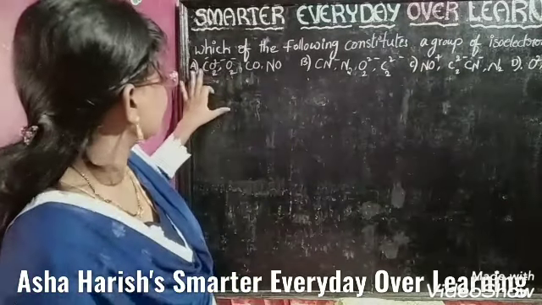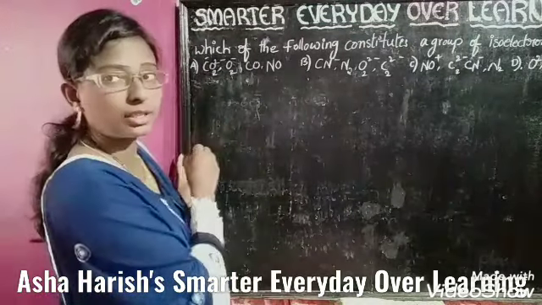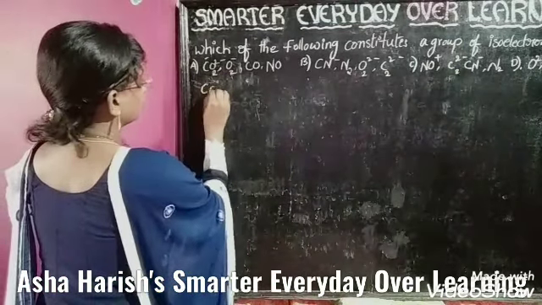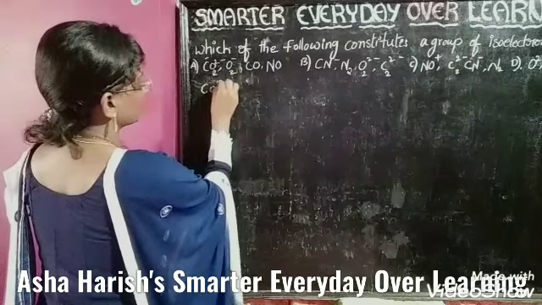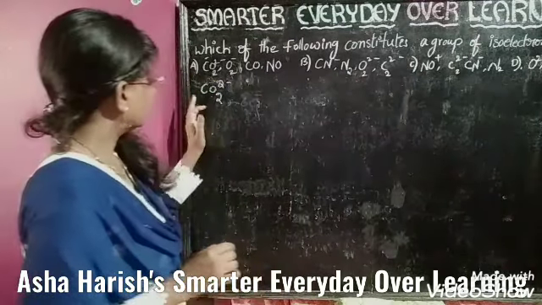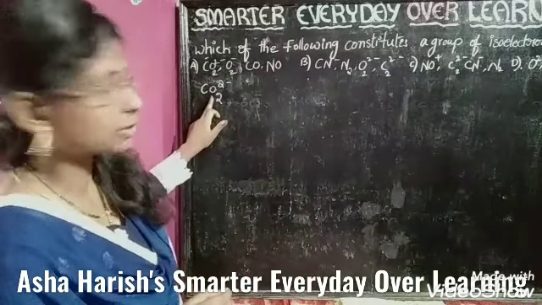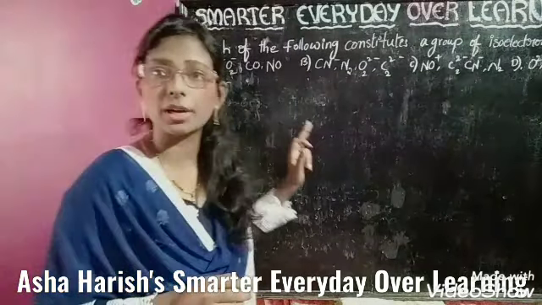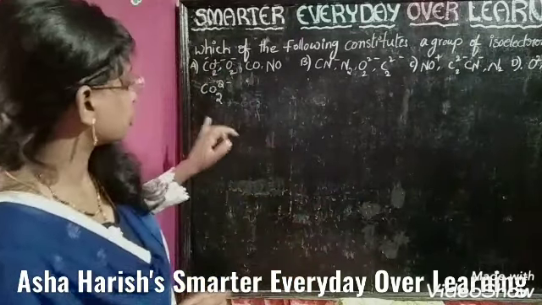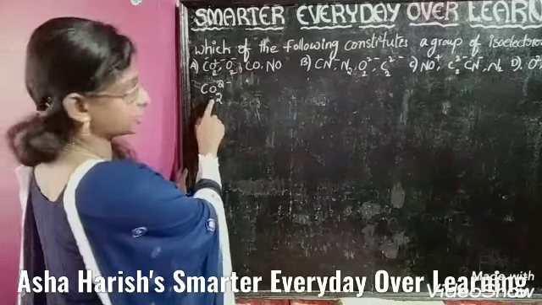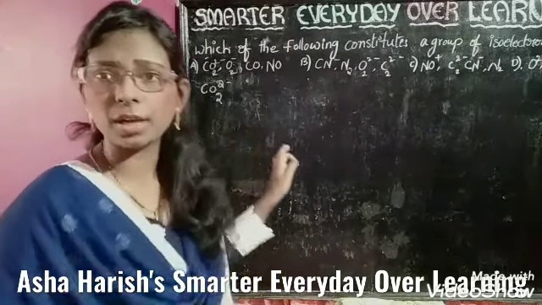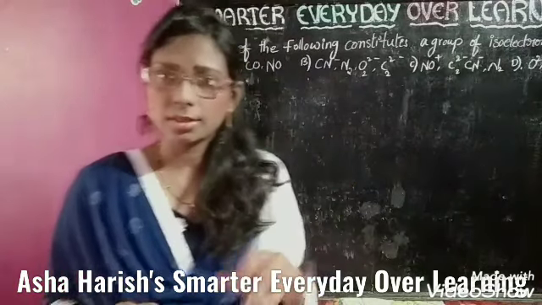Let's start. See option A. Here students, CO2 2 minus, that means this is an ion. Carbon and oxygen, these two atoms are present here. Students, if we calculate the electrons of carbon as well as oxygen, you know the carbon atomic number and oxygen atomic number.